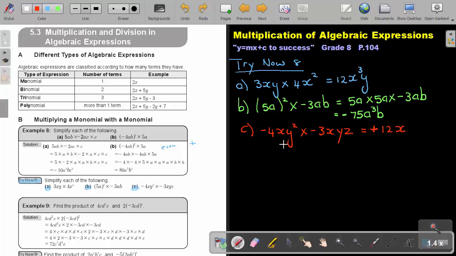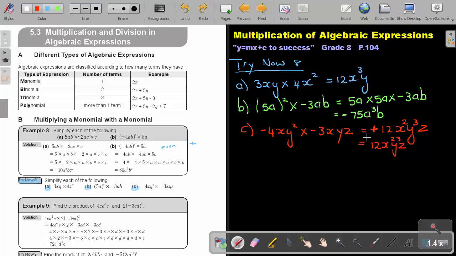Now, look how many x. There's 1 and there's 1, so it's x to the power of 2. How many y's? There's 2 plus 1, so it's y to the power of 3. And then look at the last one, z. You can just write it as 12 x squared y cubed z. You do not have to write the positive sign.